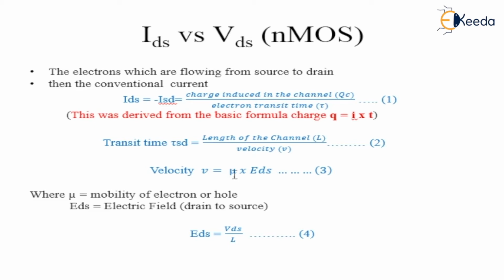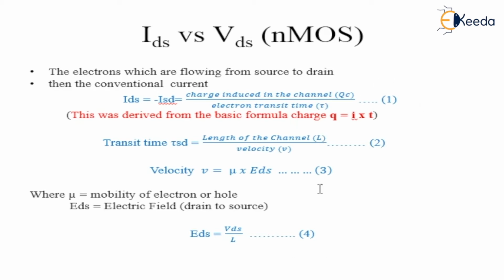Consider it as equation number 3, where mu implies the mobility of electron or hole and EDS implies the electric field. The electric field EDS is nothing but VDS by L. This is also a basic formula. Consider this as equation 4.